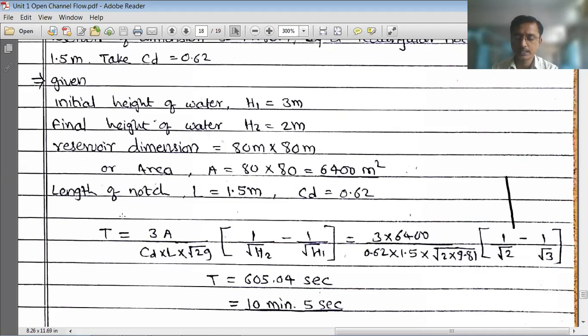Right. So 10 is minutes. 0.084 into 60, you will get seconds. That is 5 seconds.